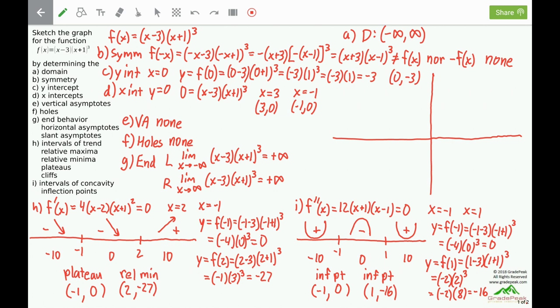We have a y-intercept of 0, negative 3. That'll be in here somewhere. We can label this.